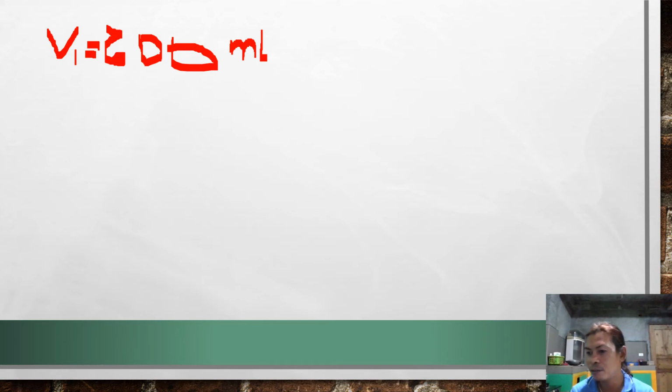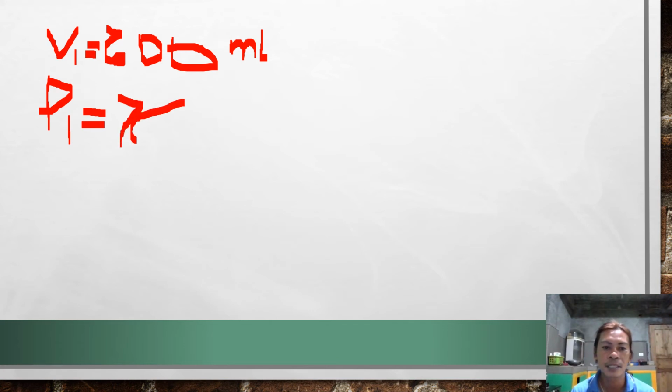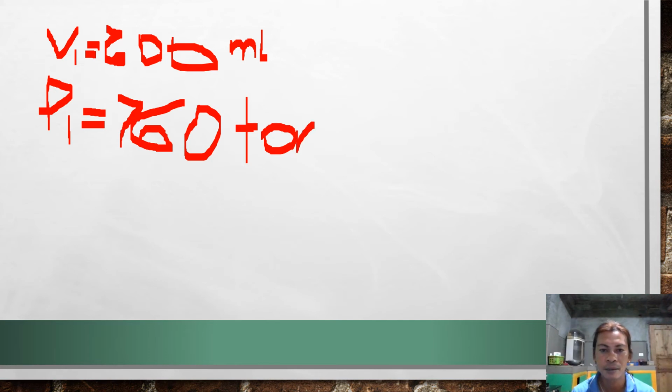Then we have also the pressure 1 of 760 torr. So that is torr. Don't forget to write the unit.